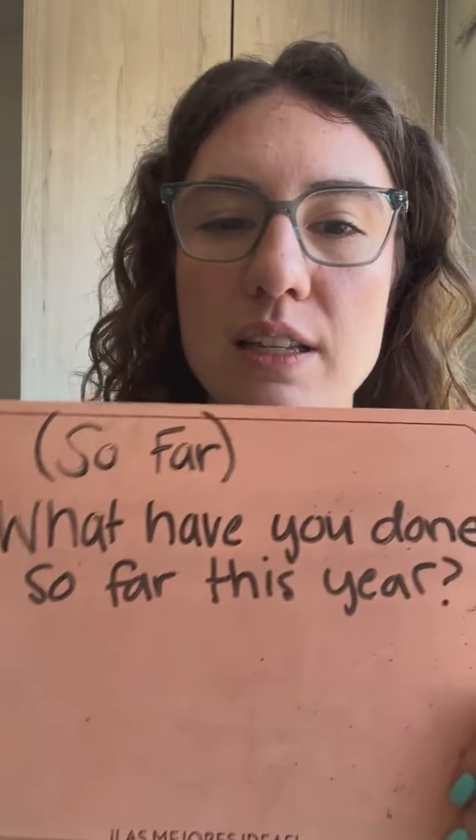But if you want to use the present perfect, it would be something more general. So I'll give you an example. If I say, what have you done so far this year?